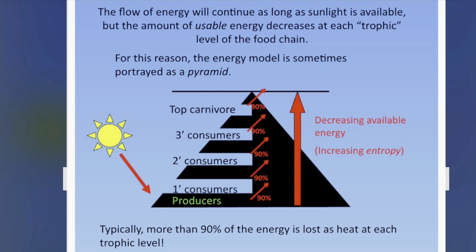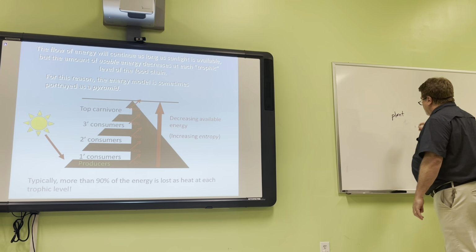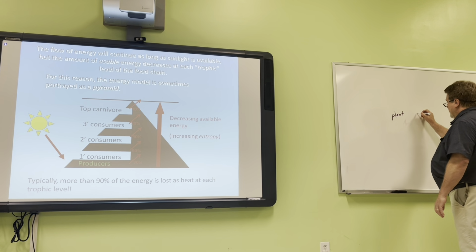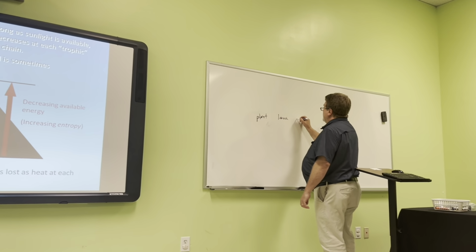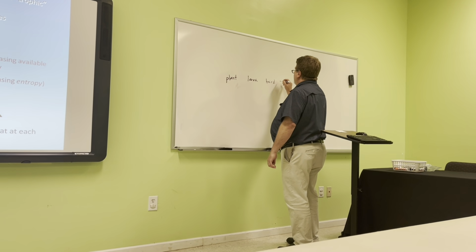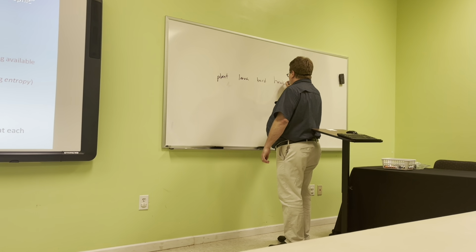You say, well, how can that work? Well, I'm being completely arbitrary here. So in our little series, we had the plant, we had the caterpillar, which is a larvae of a butterfly or moth. We had the little bird, and then we had the hawk.